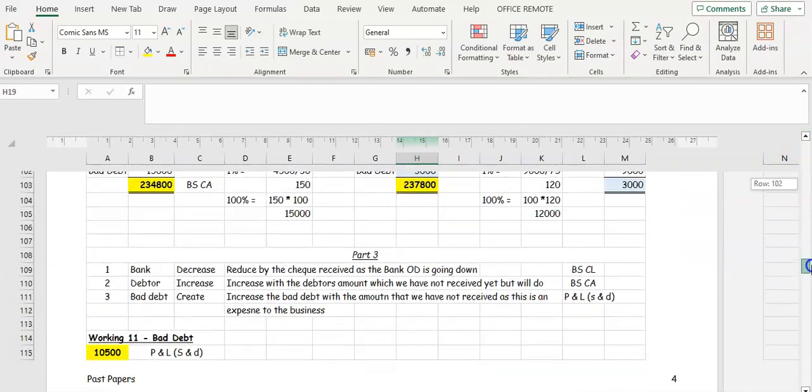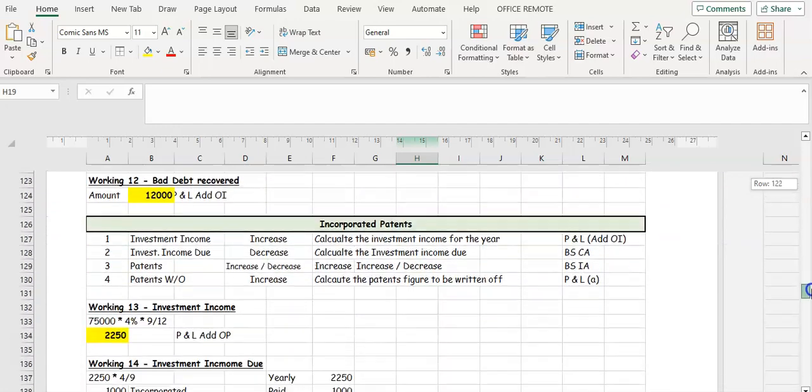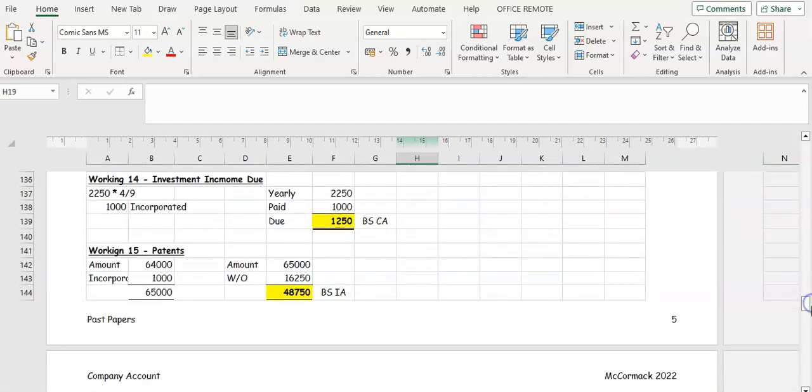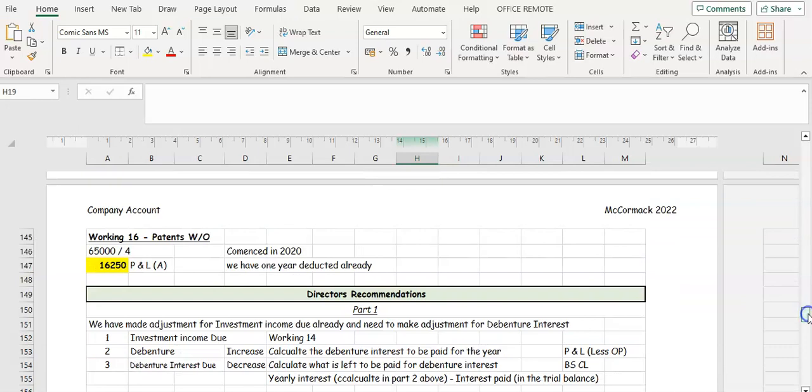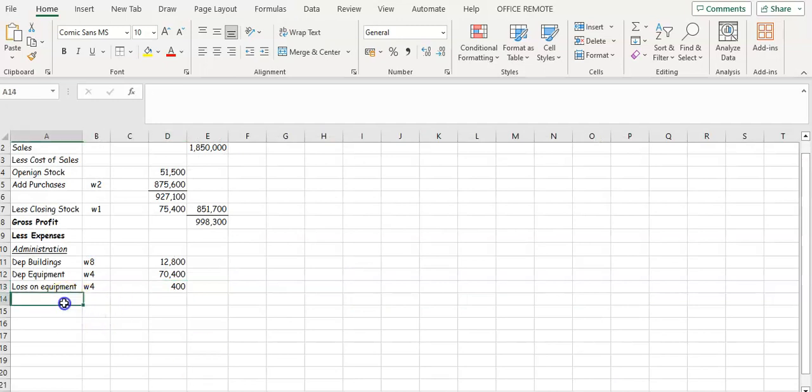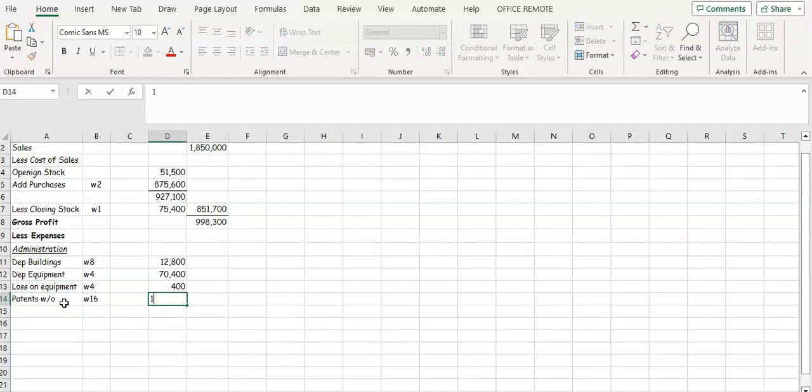So let's have a look down through our workings. And here we go, as far as working 16. So working 16, the written off figure then is 16,250.